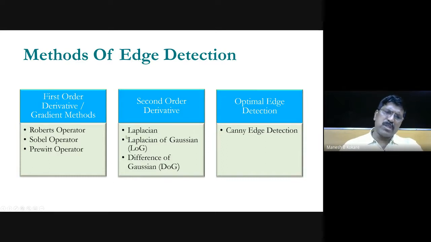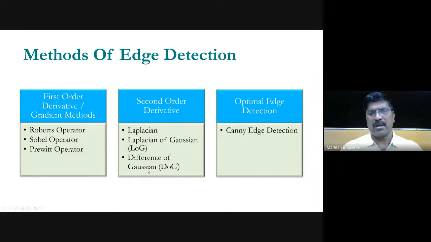But if you use this Laplacian alone, it creates the problem of noise, and edge detection will not be good. So another technique used as a second order derivative method is the Laplacian of Gaussian. If you take the Laplacian of Gaussian, that is the LoG, you get better edge detection as compared to the simple Laplacian.